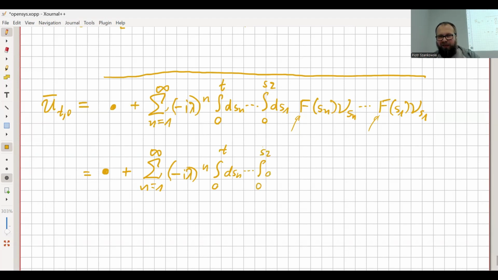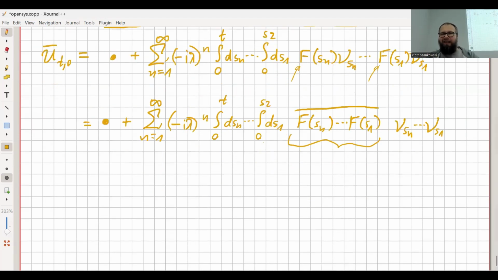So all these things as one average, and we have the super operators. So we recognize here that these are moments, moments of the process f of t, okay?